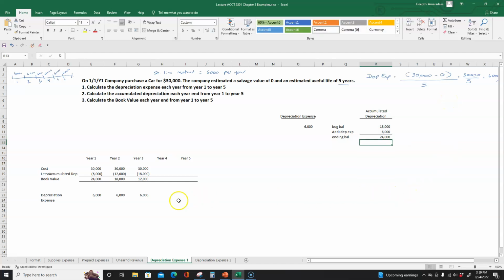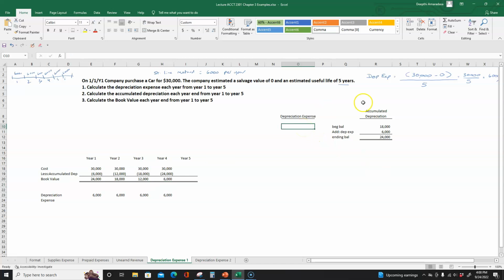End of year four, depreciation expense is still only $6,000 per year. Cost is still $30,000. However, accumulated depreciation is now $24,000. I'm showing it as a negative because to calculate book value, accumulated depreciation has the effect of decreasing book value. That gives us a book value of $6,000 at the end of year 4.